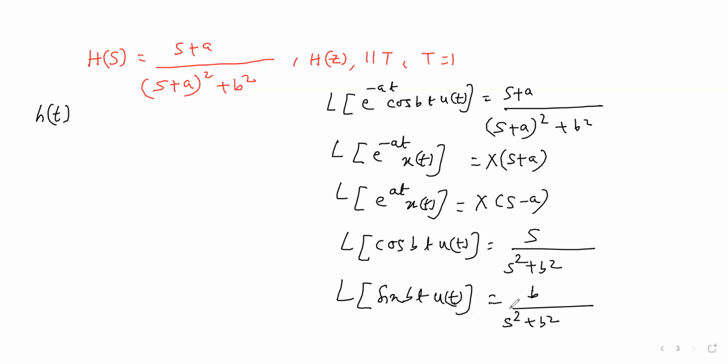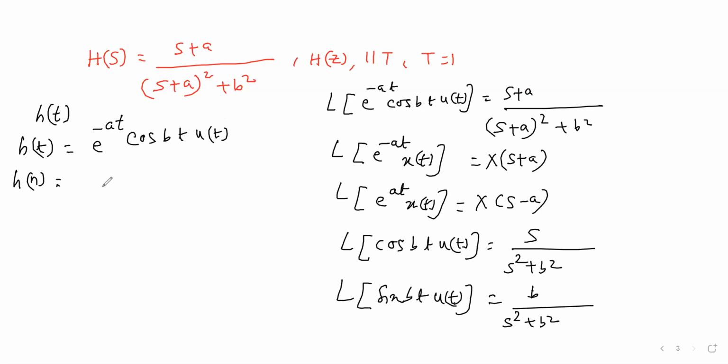It is required. Now, can you tell me what is h of t? h(t) equals e to the power minus at cos bt u(t). Then what is h of n?